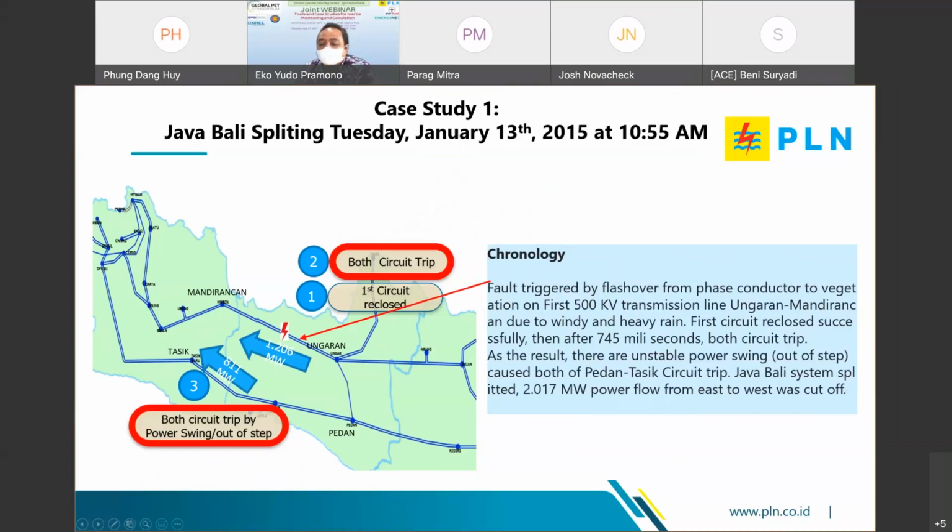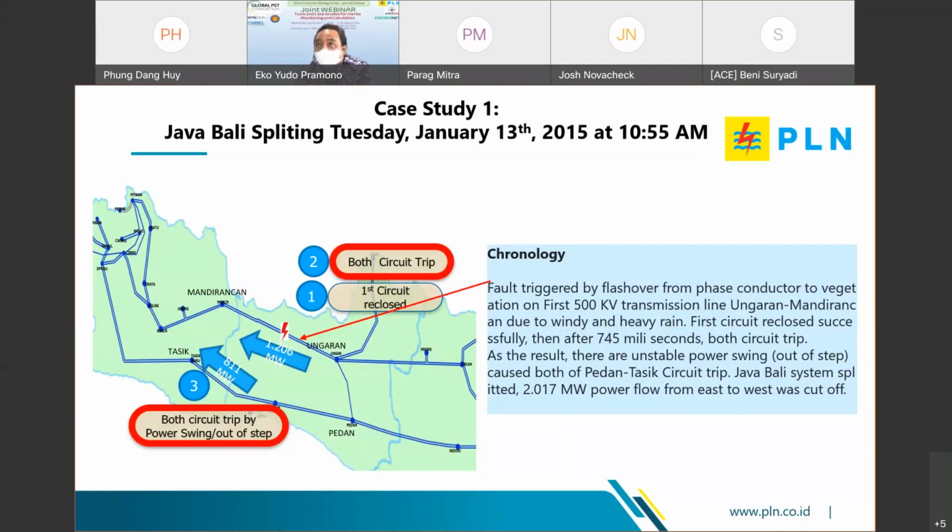Case one happened in Jawa Bali on Tuesday, January 13, 2015 at 10:55. We had a large disturbance in our system that split the western system from the central and east system.